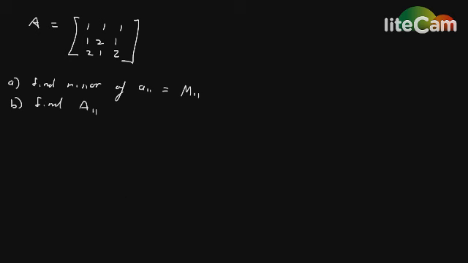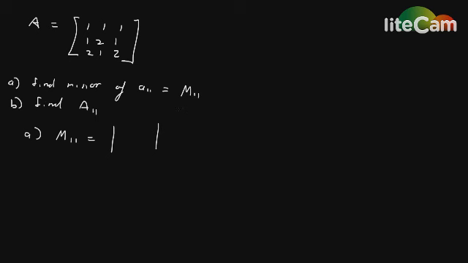So I'm going to start here with question A. Find the minor of element A11, which is also denoted as M11. Now remember, the minor of element 11, or M11, is just the determinant of the matrix that's left behind when we delete row 1, column 1.